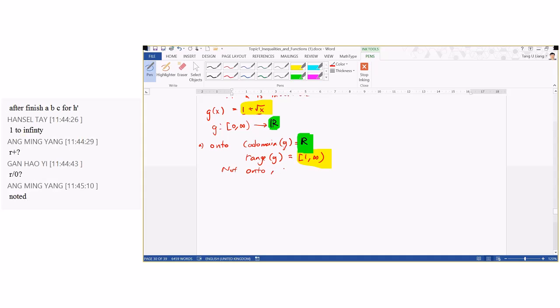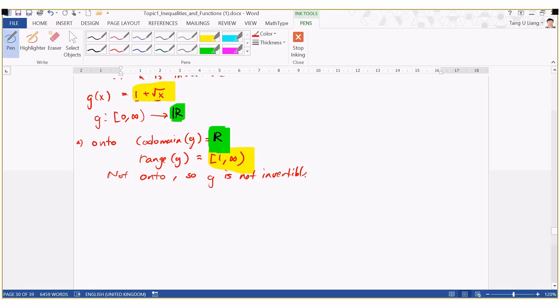Yes, the codomain of G is the real numbers, and the question states real value functions. That means the codomain must be real numbers. Okay, let me continue.